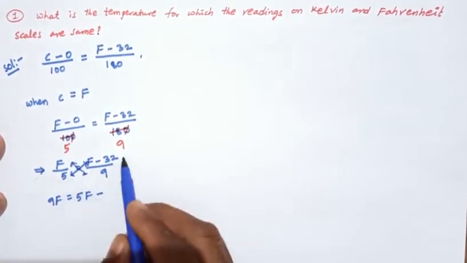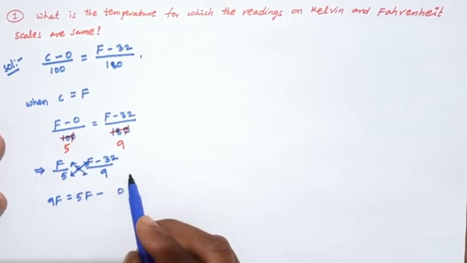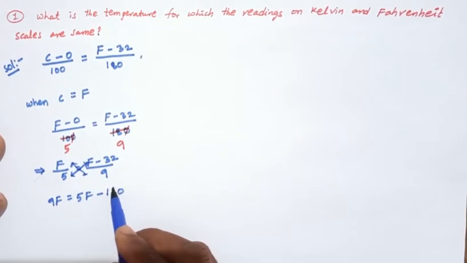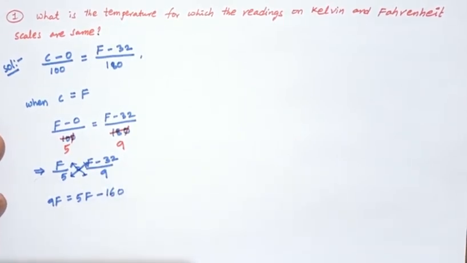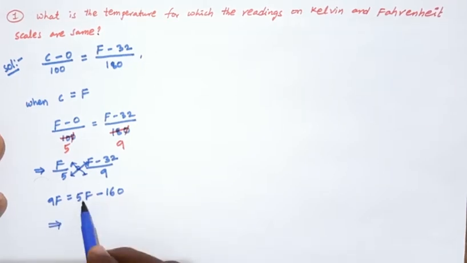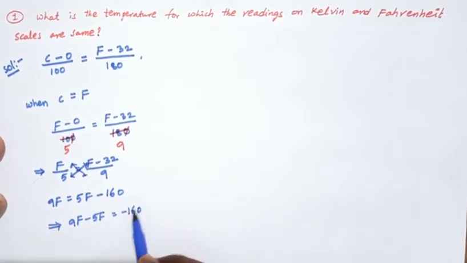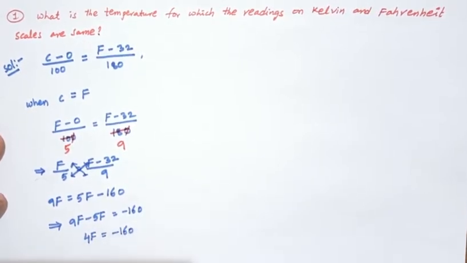So 5 twos are 10, 5 threes are 15 plus 1 is 16, 160. From this equation, 5F is taken to the left side: 9F minus 5F equals minus 160. So 4F equals minus 160.